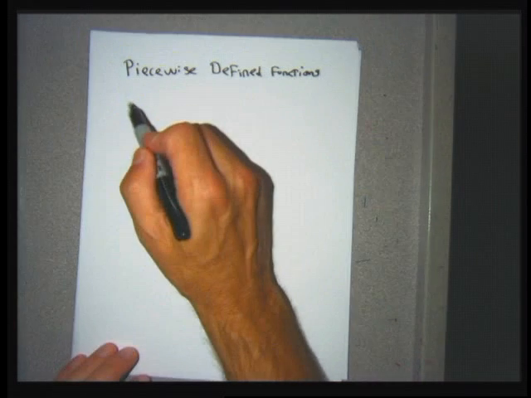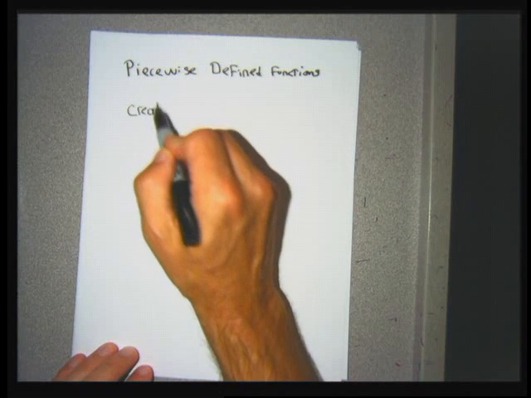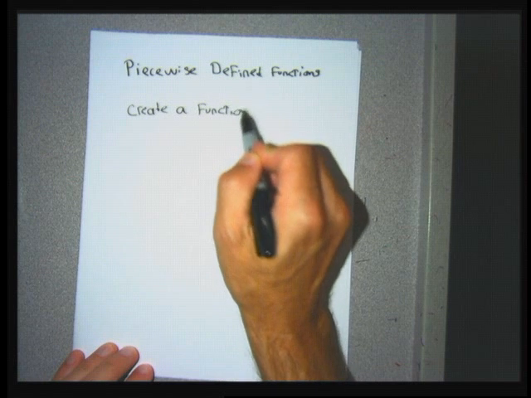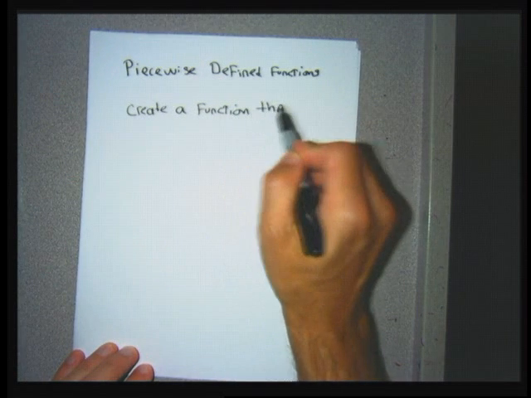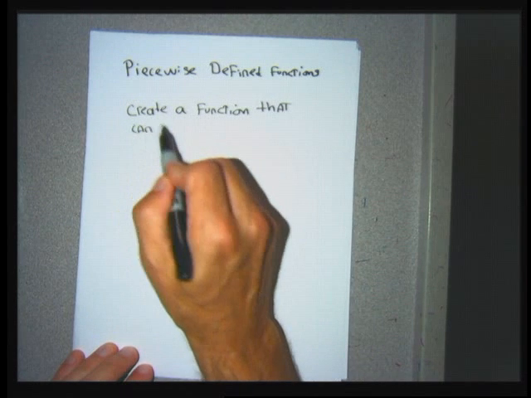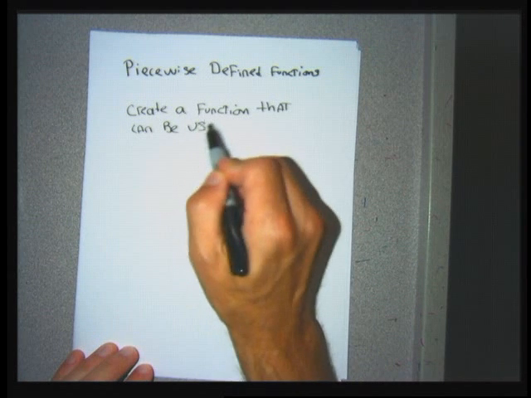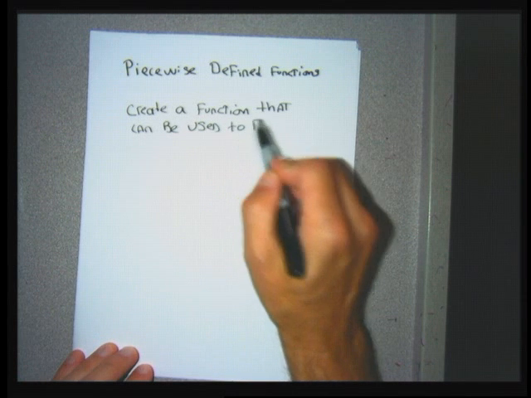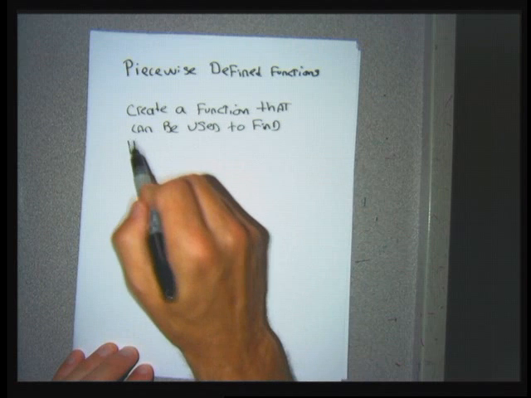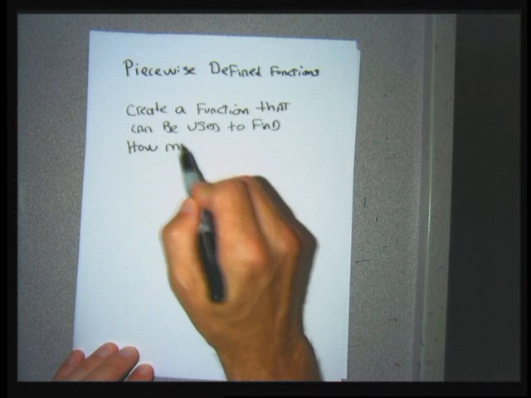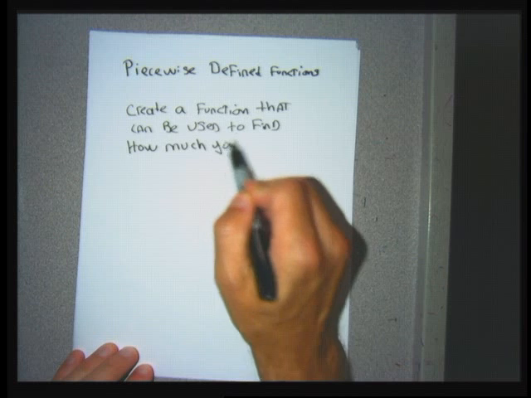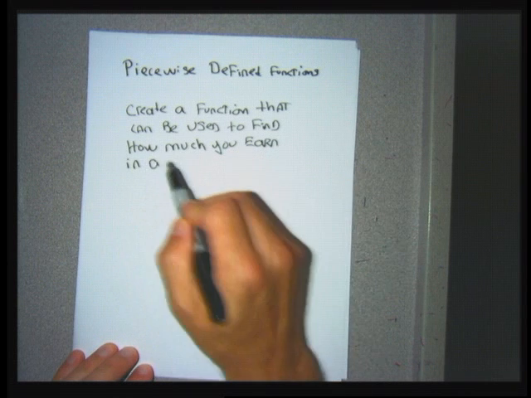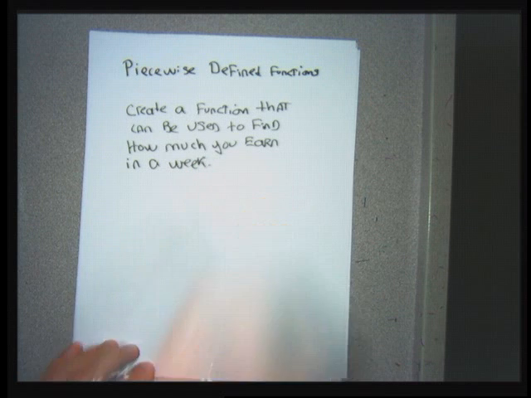If I wanted to, let's say, create a function that can be used to find out how much you make in a week, it might not be able to do that.